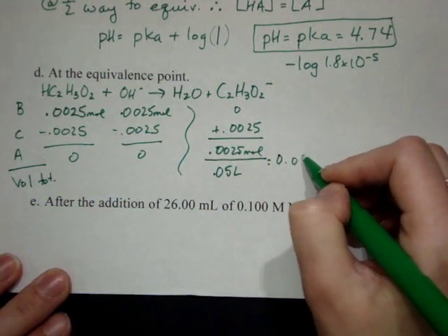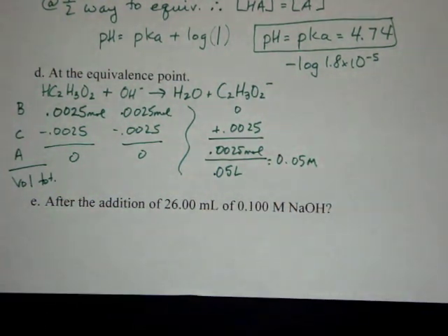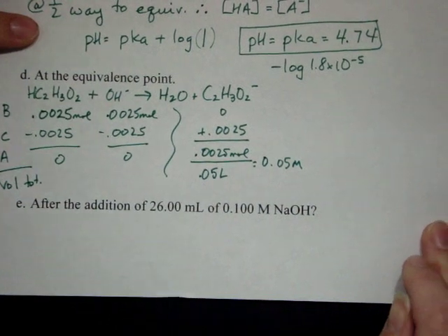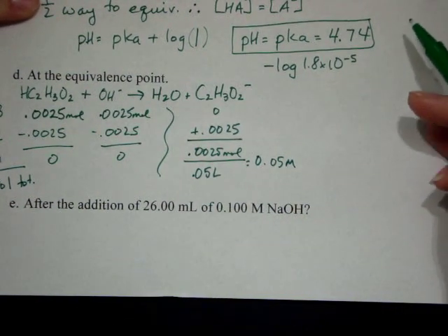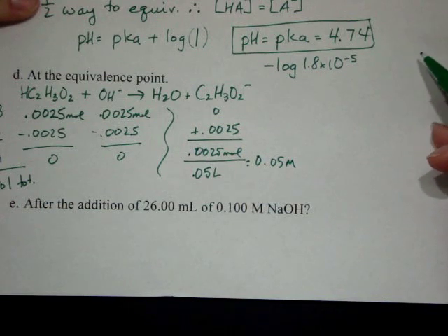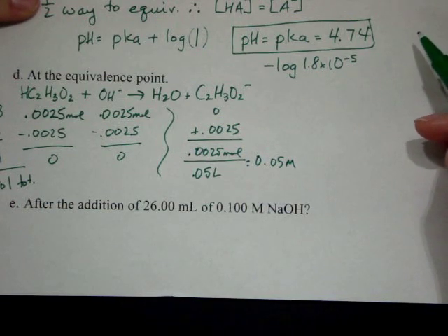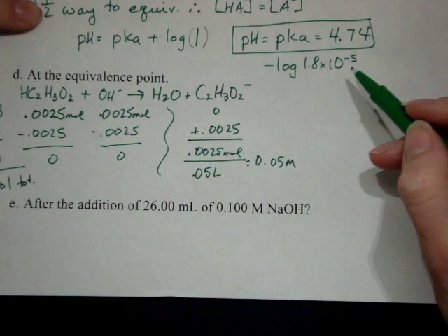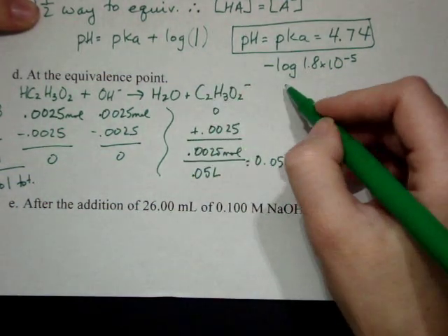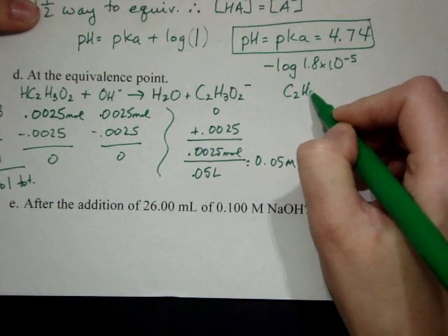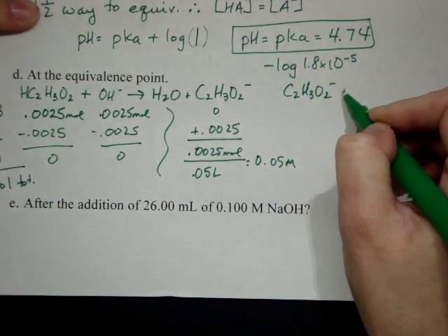which gives me a new concentration of 0.05 molar. Now here's the part that's a little different than we had previously done. Before, we had a weak acid equilibria where we had to use the Henderson-Hasselbalch or Rice to figure it out in parts B and C. Here, we only have acetate ion left, but we know that that acetate ion will go through hydrolysis.